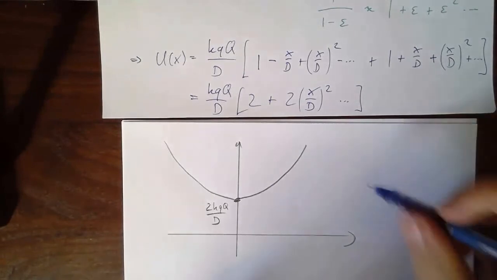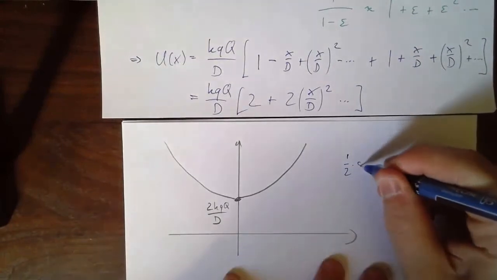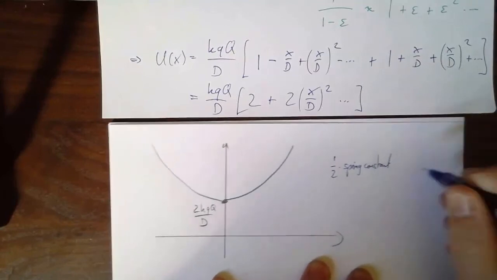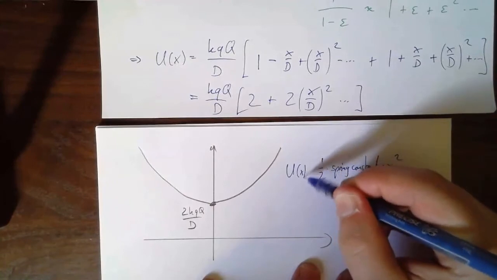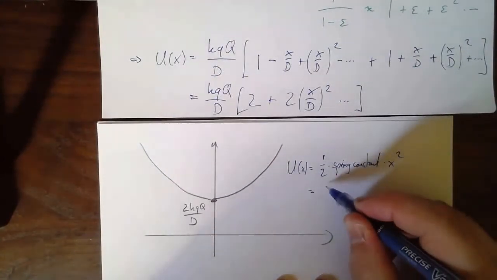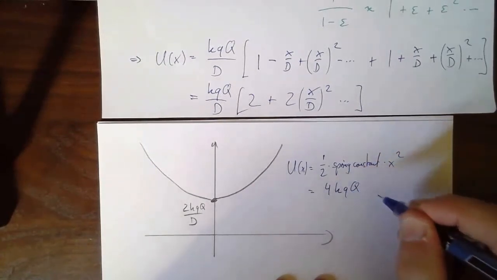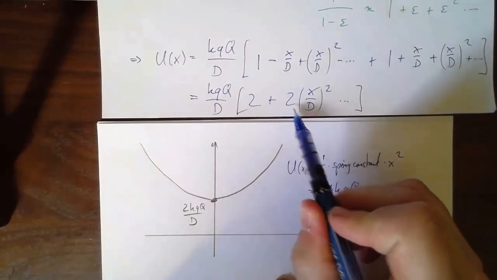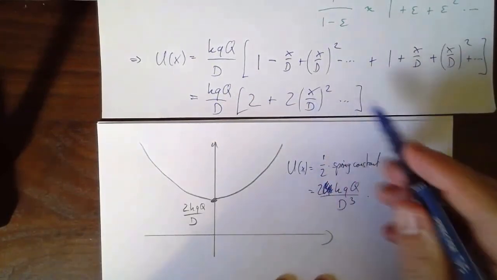So I can write this as 1/2 times spring constant. I can't write k because I've already used k to mean something else. Times x squared, right? That is the potential energy. Or in our case, that's equal to 4kq. Sorry, I'm doing 2. 2kq over d cubed times x squared.